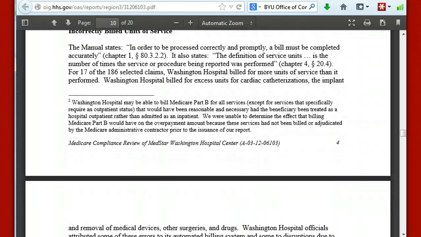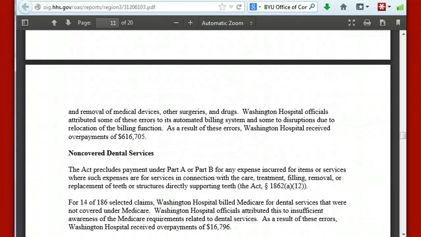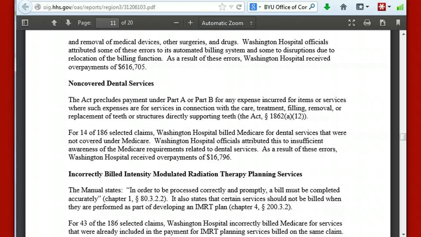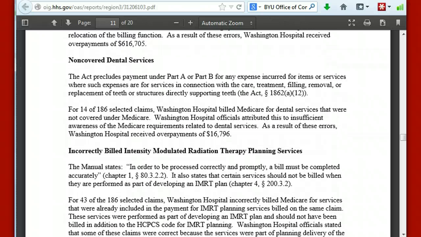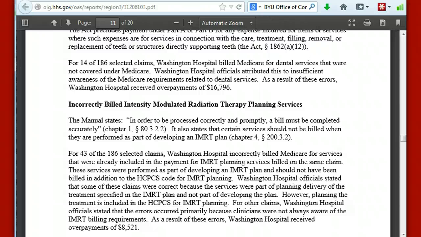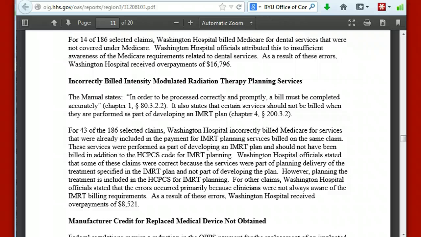A lot of these are pretty vague. They're just talking about a bill must be completely accurate. They also provide dental services, so they have that here. This is one of the hot topics with the OIG work plan, the radiation therapy services, and having appropriate documentation for that.